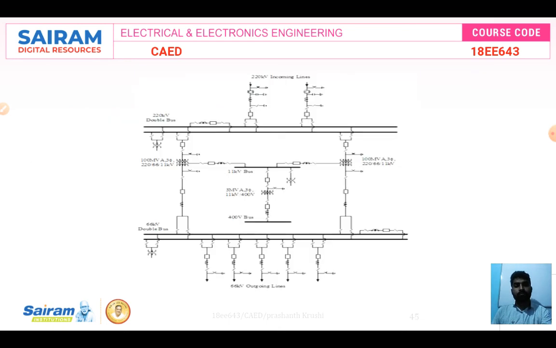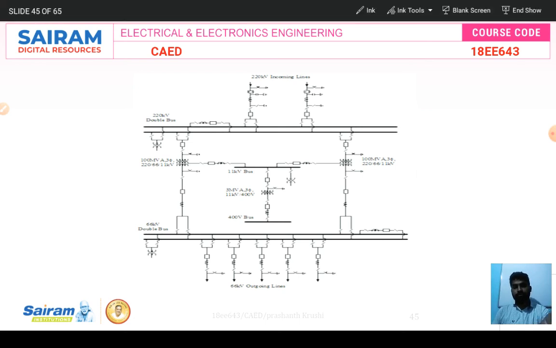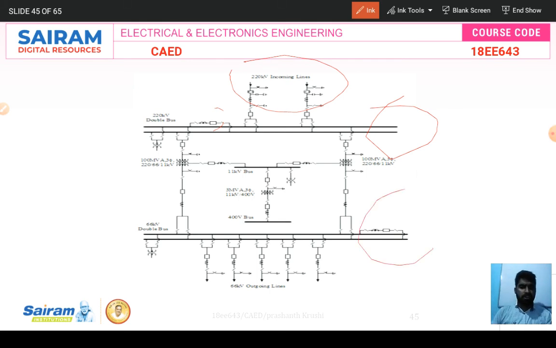See the diagram. I told you already. See, this is incoming lines 2, and bus coupler is present. This is a double bus bar 220 kV, incoming lines 2, 220 kV bus bar, and this is 66 kV.